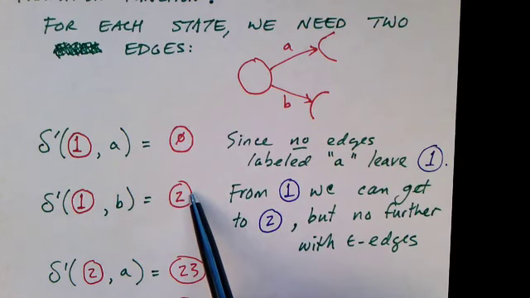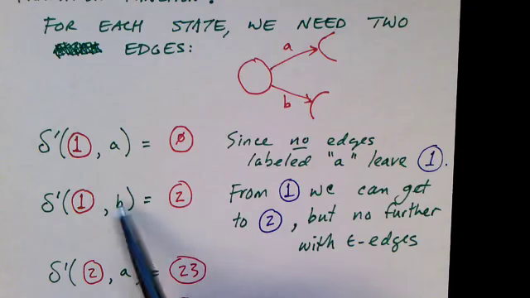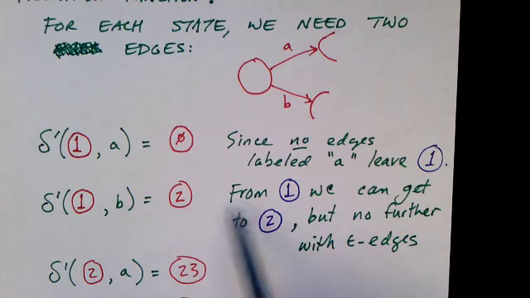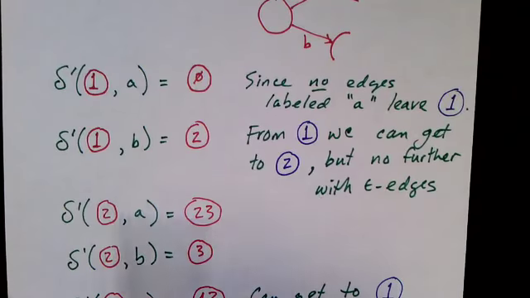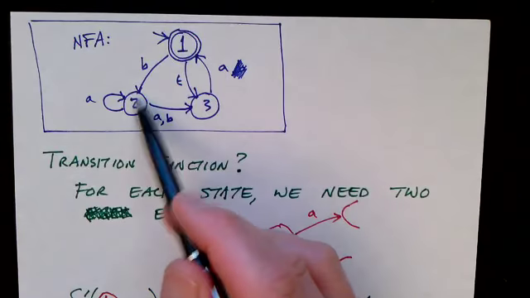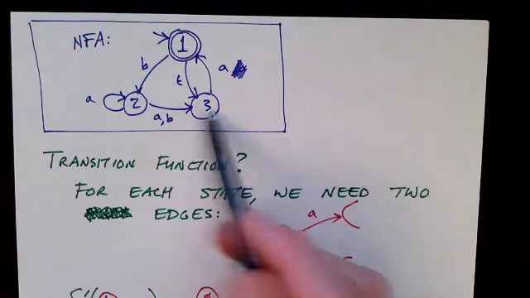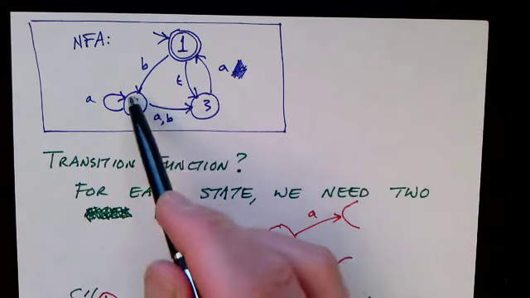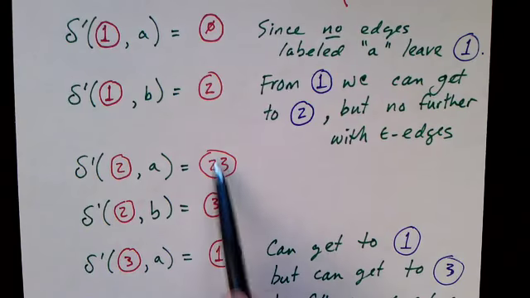And from 1, if we get a B, we go to 2. And there are no epsilon edges out of 2, so we stay there. We don't add anything. From 2, if we get an A, let's see where we go. If we're in 2 and we get an A, we stay in 2, or we can go to 3. So {2, 3}. If we get a B, we go to 3. So {2} goes to {2, 3} on A and {3} on B.